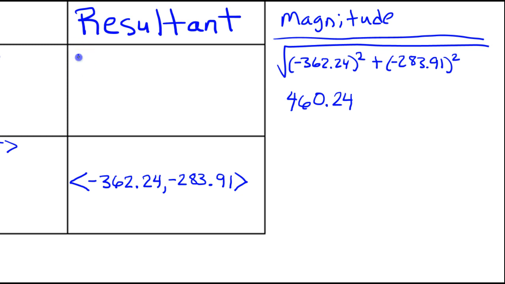Now, let's put that back in context. So we're saying that the speed of the plane is 460.24 miles per hour with the effect of the wind. Now, we also need the direction of the plane with the wind. We need the direction of this resultant vector. So let's figure that out.